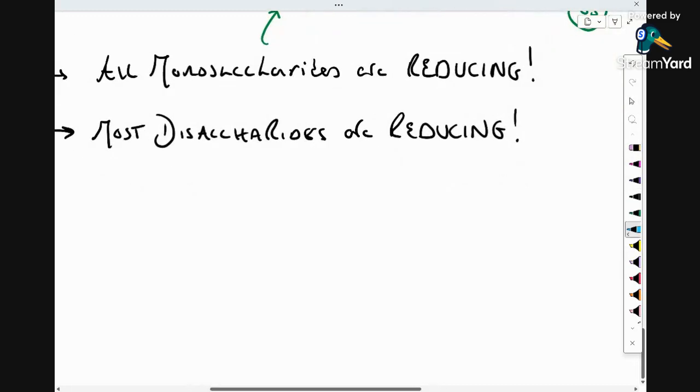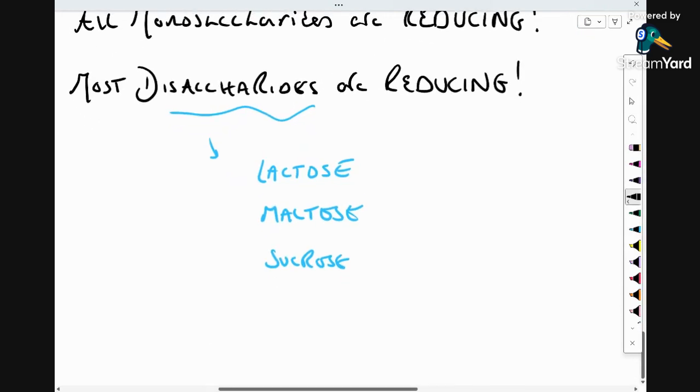And of course, the disaccharides that you have to know are lactose, maltose, and sucrose. However, there's an exception. Lactose and maltose are reducing, sucrose is not. Sucrose is not a reducing sugar. So that is the exception that you need to learn. Sucrose is different.